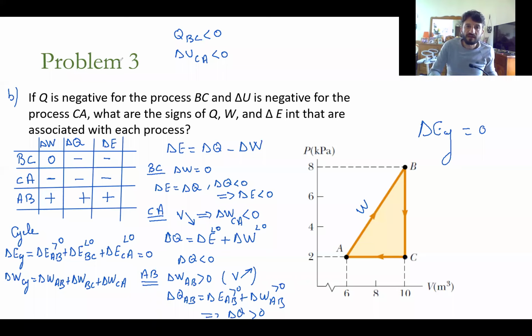I repeat again, here we are calculating omega, the work done by the gas, for each one. In the case of BC it equals 0. In the case of CA, the work done by the gas is negative, and the work done in the case of AB by the gas is positive.